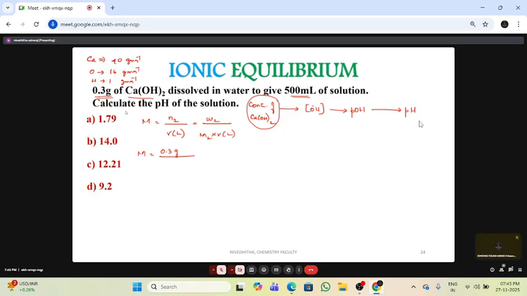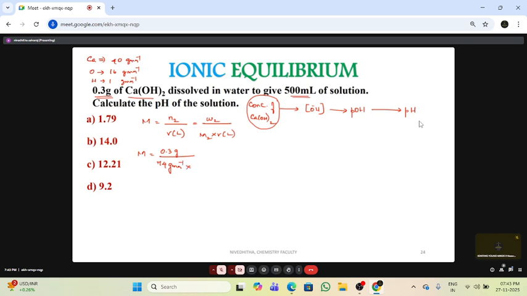What is the value of M2? Yes, it is 74. Muthulakshmi is right. So 74 gram per mole.